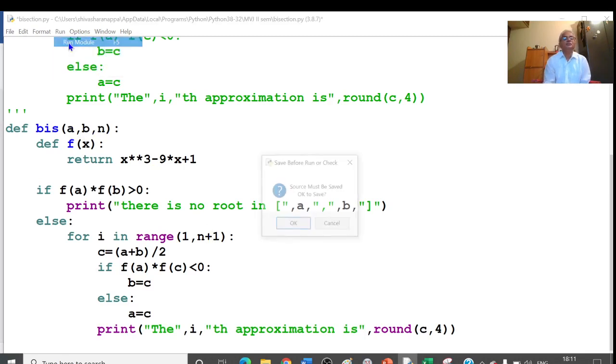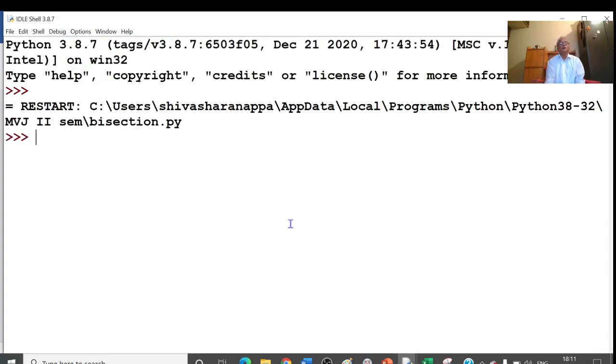Run this program. This is the output screen. Here I have to type BIS, open bracket, give the value of A, 1, comma, the value of B, 3, comma, the value of N, say 6 iterations, bracket close. Now press enter.